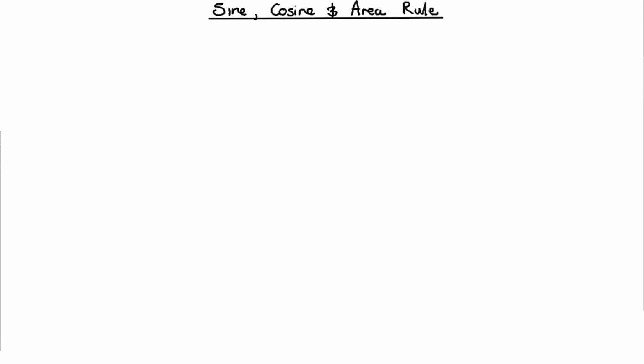In this lesson, we're going to be focusing our attention on these three rules: the sine, cosine, and the area rule, right? From level 2, I'm sure that you have done something called SOHCAHTOA, right?